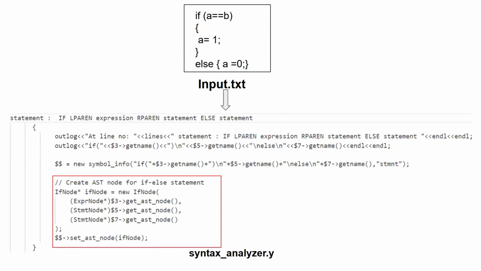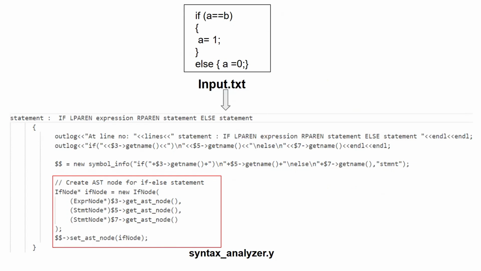For example, here you can see the production rule where statement is the production head, and if, L parent, expression, R parent, statement, else, statement is in the production body, where according to your input, the expression is A equals B, then you have parenthesis, then the statement A equals 1, then else, and after that the statement for else is A equals 0.